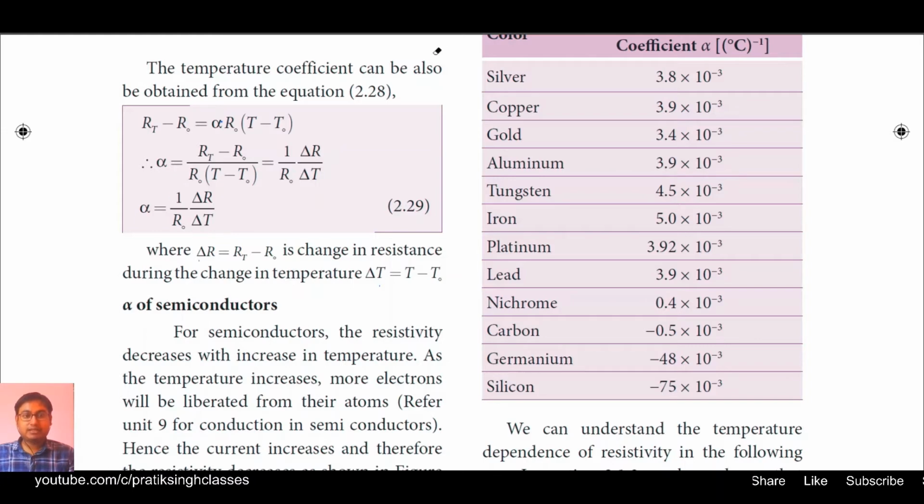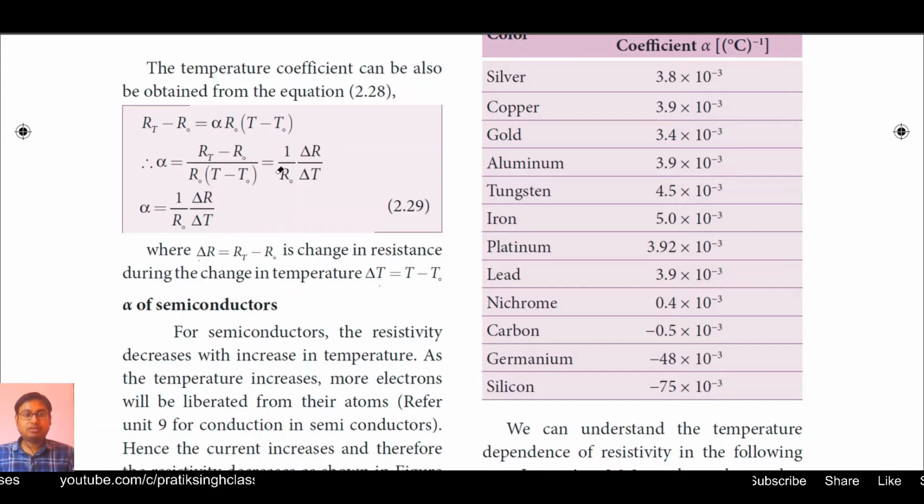So in this equation, if we take this term to the right hand side, we will get the alpha value, that is alpha is equal to RT minus R naught by R naught into T minus T naught. We know very well that RT minus R naught, that is resistance at temperature T minus resistance at a given temperature, is equal to the change in resistance del R, and T minus T naught is the change in temperature.